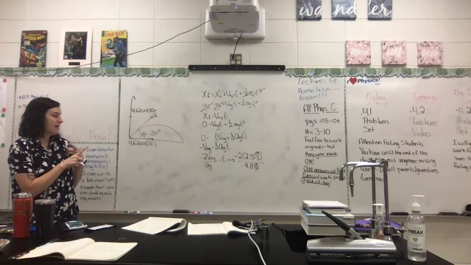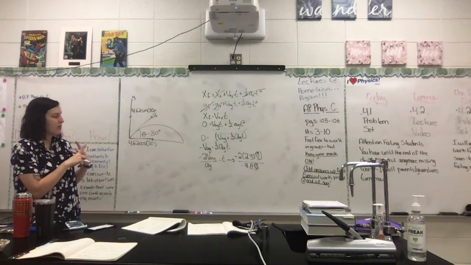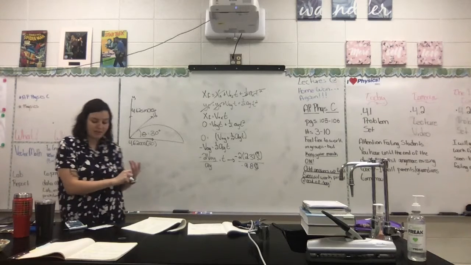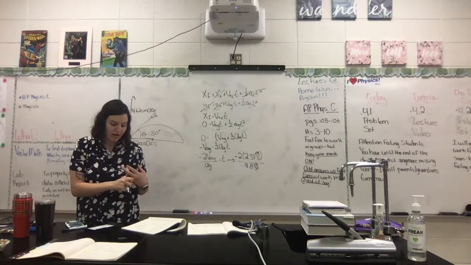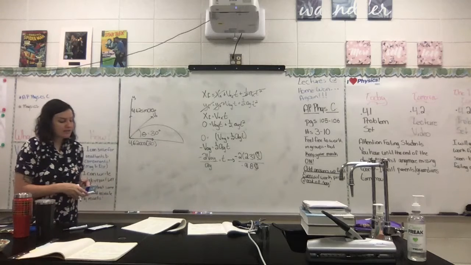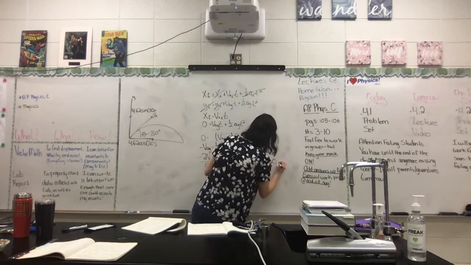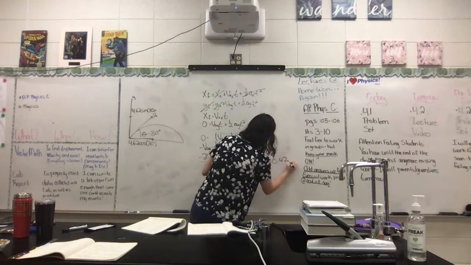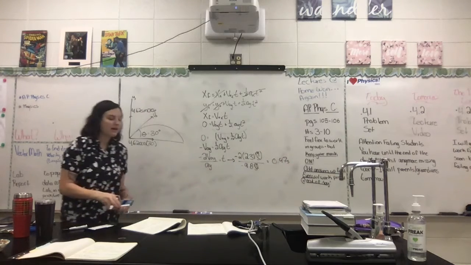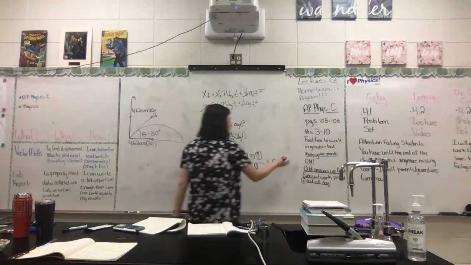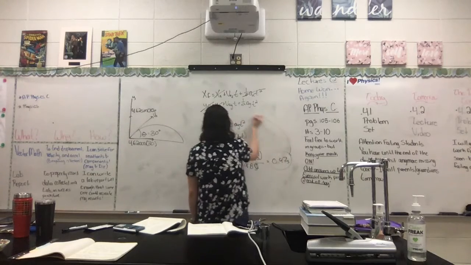So we have -2 times 2.31 meters per second divided by -9.8 meters per second squared. And that is going to give us a time of 0.47 seconds.